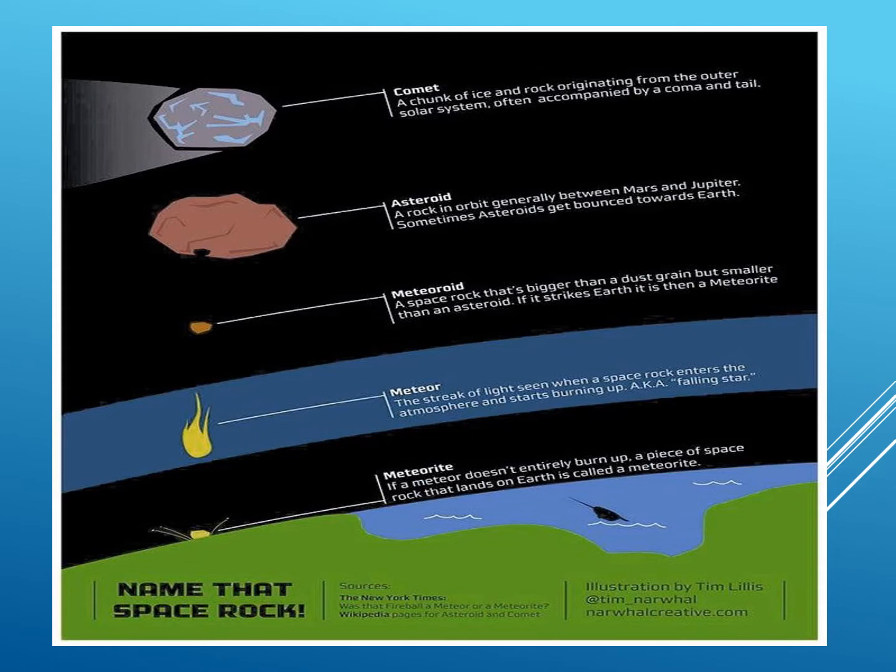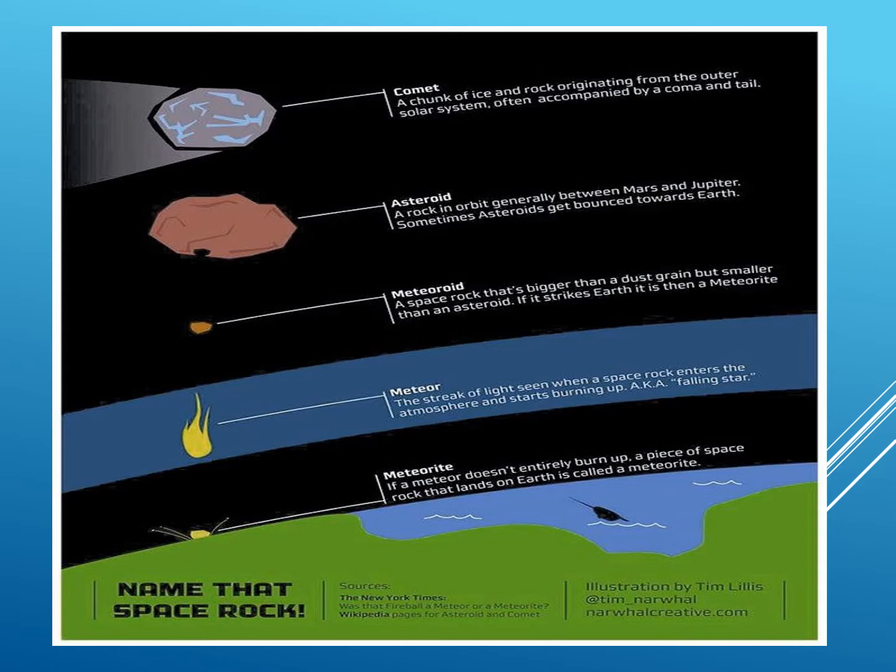When you say a comet, it's a chunk of ice and rock originating from the outer solar system, often accompanied by a coma and tail, as you can see in the picture. An asteroid is a rock in orbit generally between Mars and Jupiter. Sometimes asteroids get bounced towards Earth.